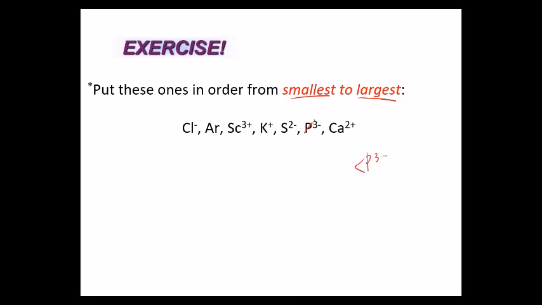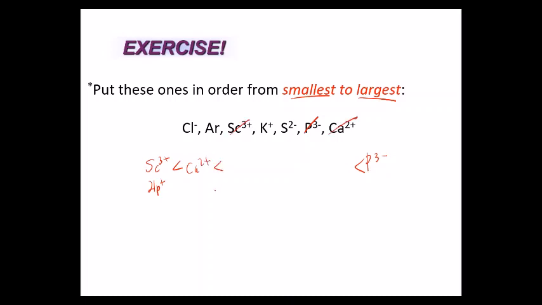Which one would be the smallest out of those? Yes, the scandium ion is going to be the lowest because it has 21 protons. All right, and then what's the next smallest that's next to the scandium? That would be, yes, our calcium.